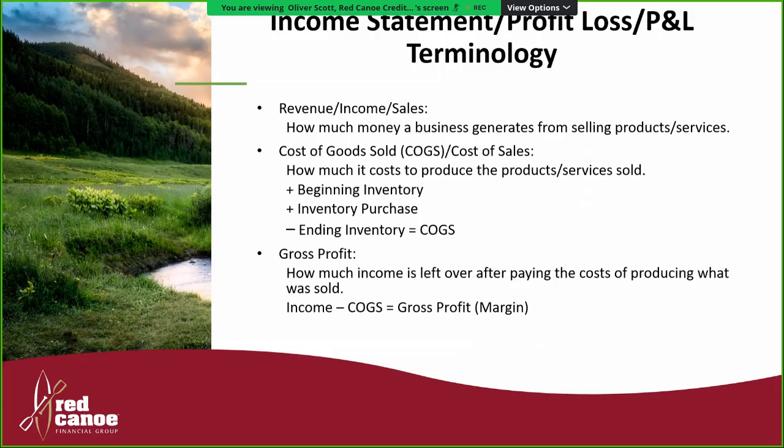An income statement is also called a profit and loss statement, which is often shortened to P&L statement. They're all the same thing. They are a statement of your earnings and expenses and profit or loss.